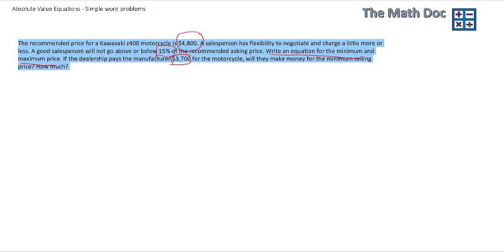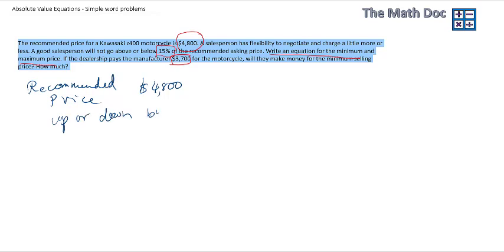So let's write out this problem just in terms of the information we got. So we have a recommended price, right? The recommended price is $4,800. Okay, and the salesperson can go up or down by 15%.